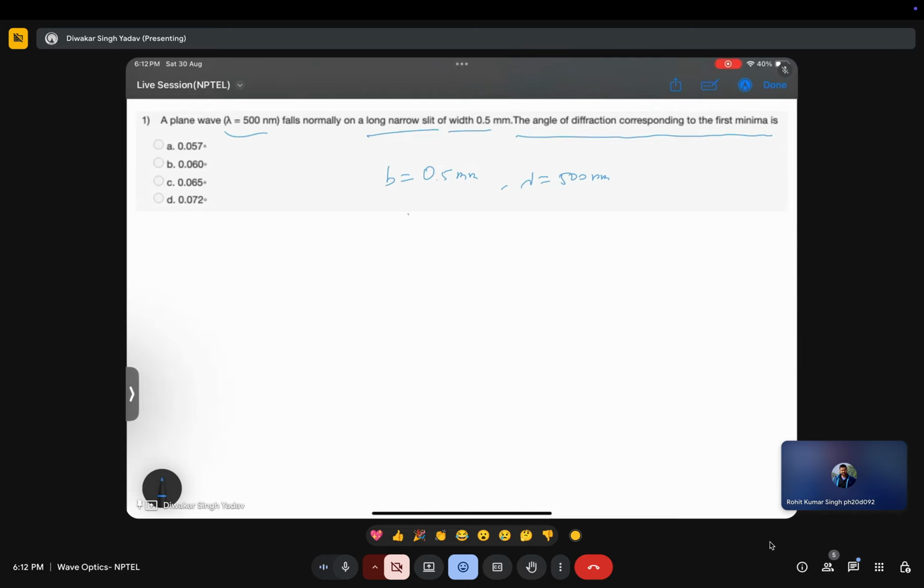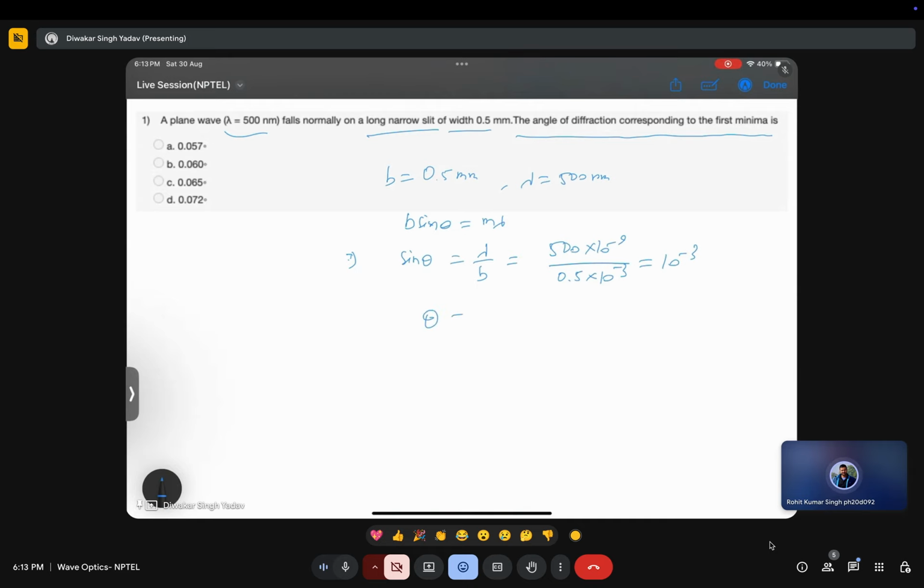b sine theta equals m lambda, we have this condition, right? And first minima is m equal to 1, so sine theta will be just lambda by b. So 500 nanometer divided by 0.5 mm equals just 10 to the power minus 3.